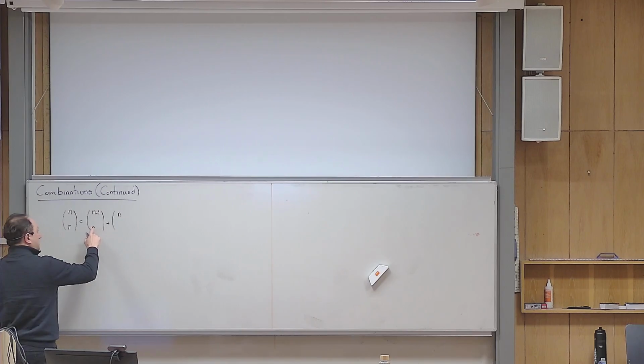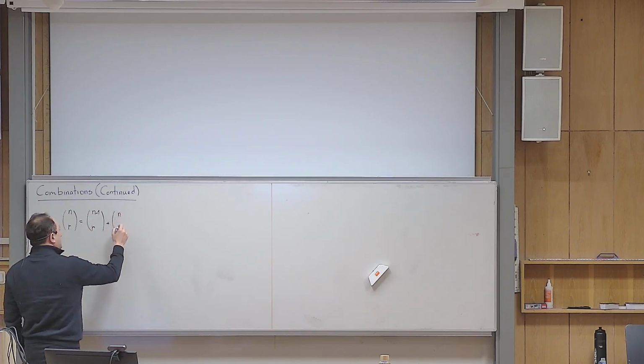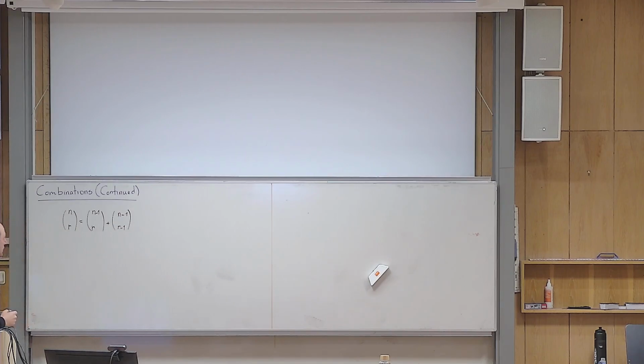So you choose either r people from n minus 1, or you choose r minus 1, yes? We had this before, but I didn't prove it algebraically for you. I proved this using the combinatorial argument, if you remember.